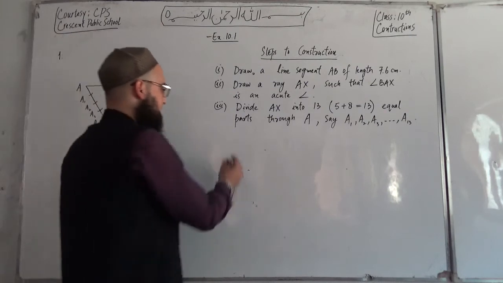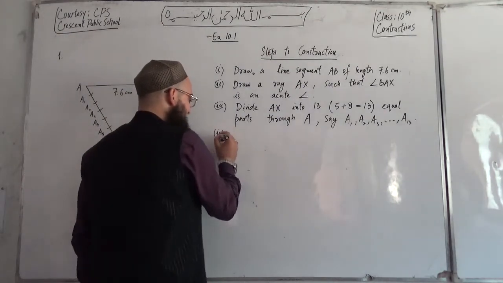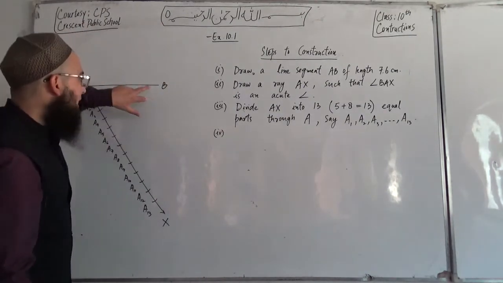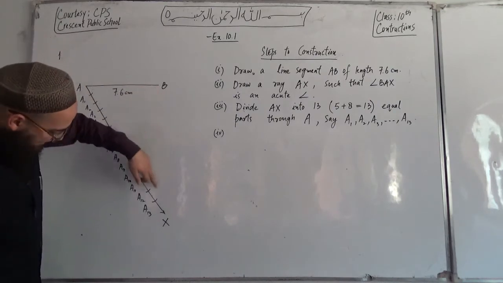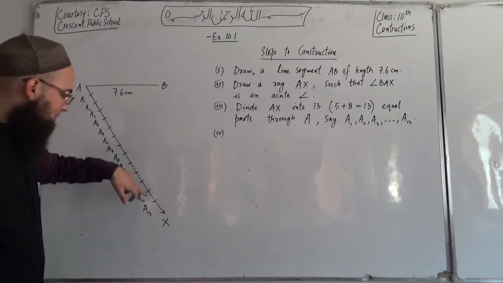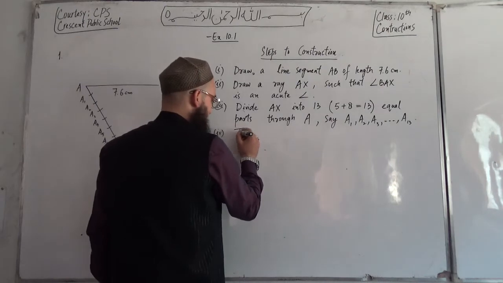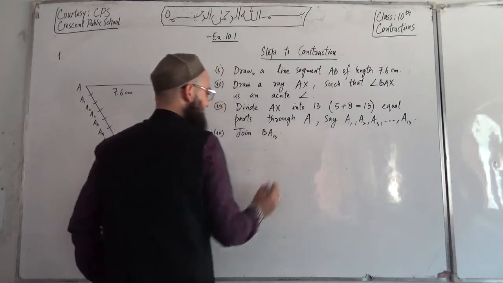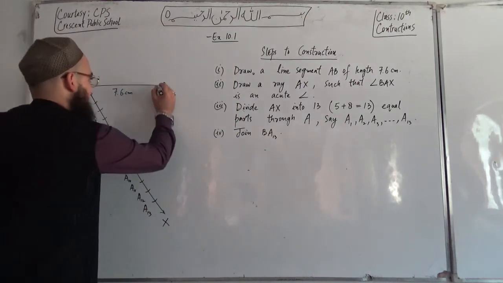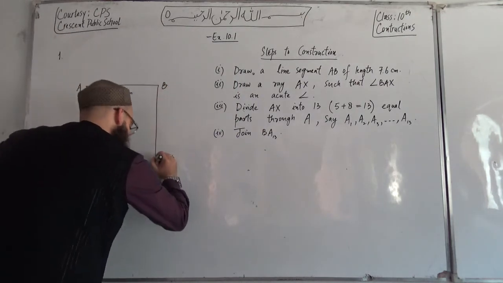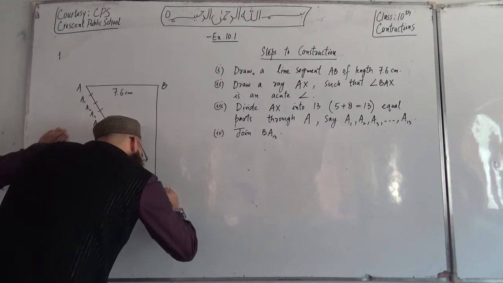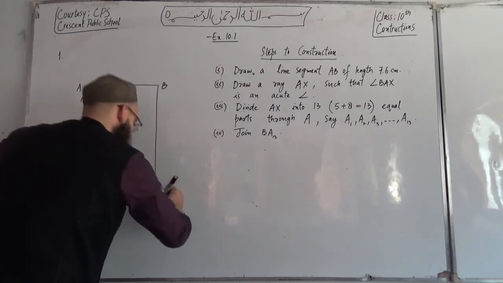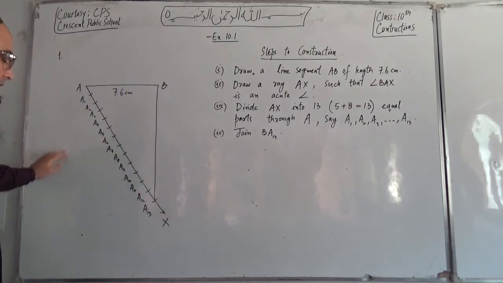You got it? Now the next step. Next step is join B with the last point, that is A13. So join B, A13. So let us join this. Just like that.